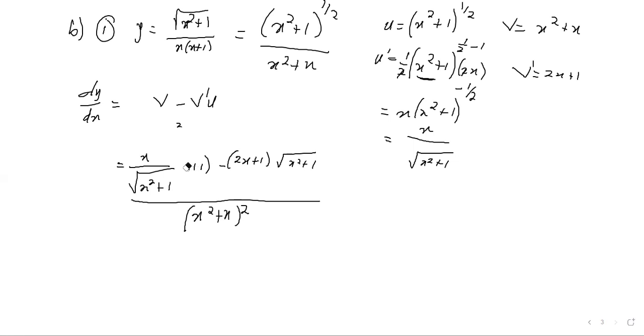We're supposed to multiply this by x squared plus x, because we are multiplying it by the original v.